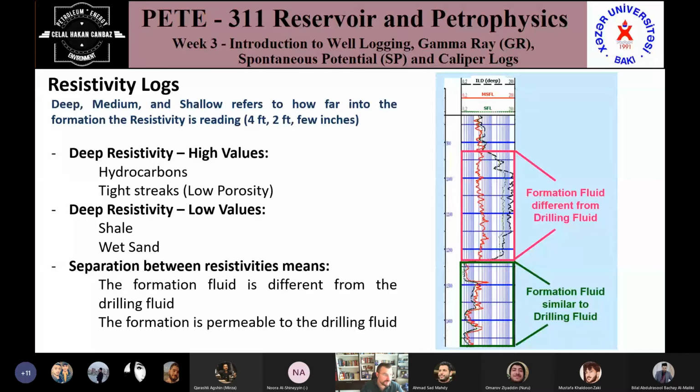The medium one can still have some dirt from your drilling mud, but not as much as the shallow one. And when it comes to the deep one, you are already in your reservoir part. So if there is very little difference between your close wellbore area and the deeper part, your formation fluid is similar to your drilling fluid.